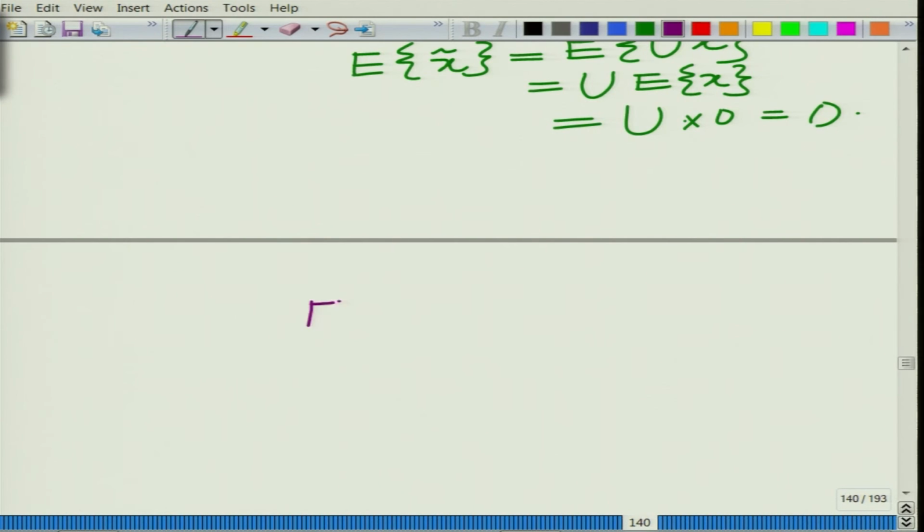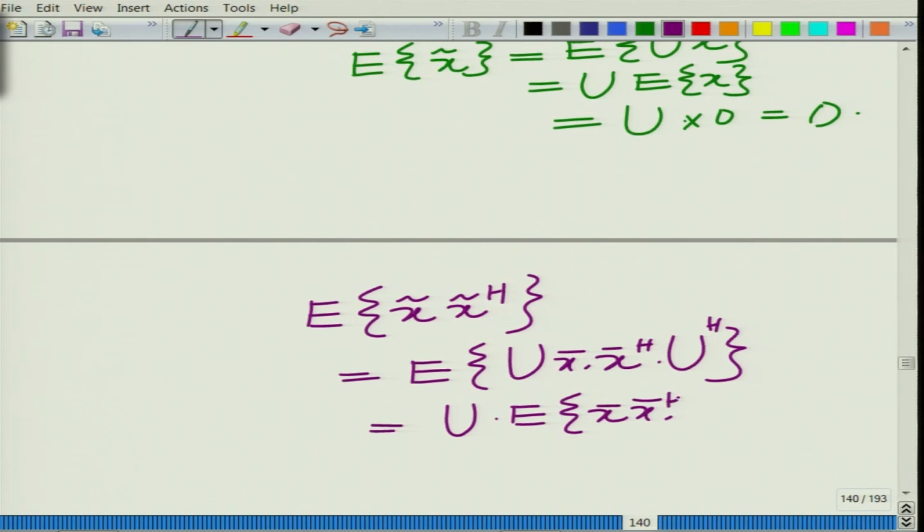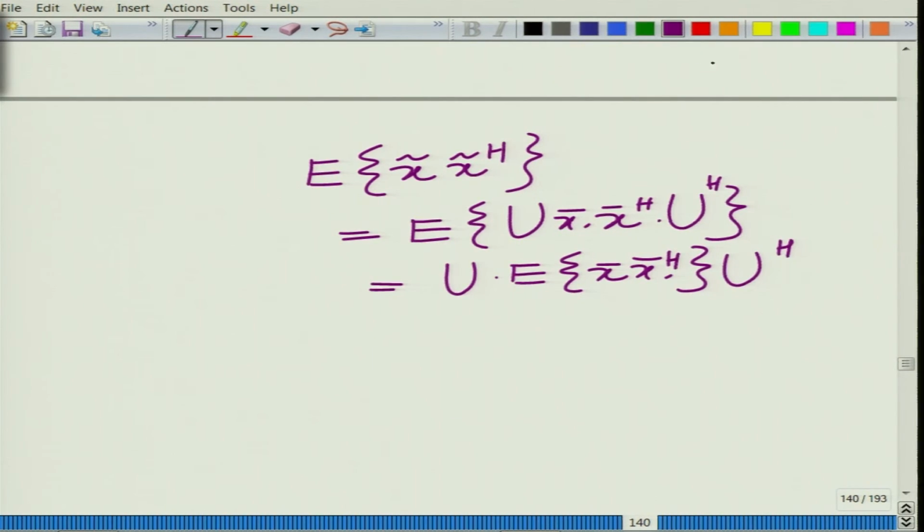Further, if you look at the covariance matrix of x tilde, that is expected value of x tilde x tilde Hermitian, it is equal to expected value of u x bar x bar Hermitian u Hermitian, which is u times expected value of x bar x bar Hermitian, that is sigma square times identity, times u Hermitian.